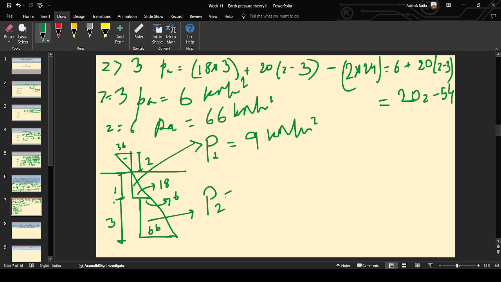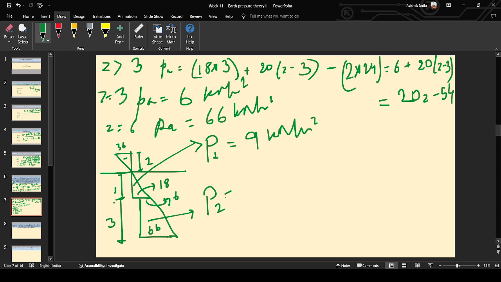And this is acting at what distance? For this, the formula for the trapezium is h by 3 into b plus 2a divided by a plus b, that is longer by shorter, b and a.